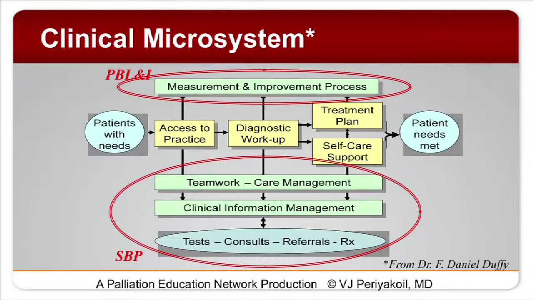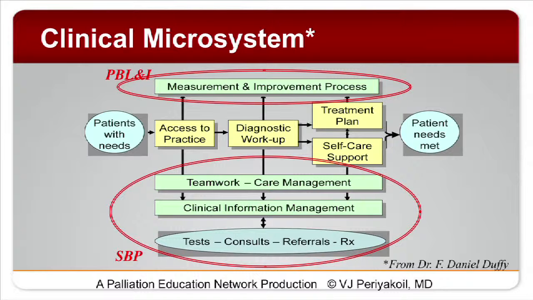First is, again, teamwork and care management. Teams have to work well and be interdependent, as we noted earlier on the success characteristics. You need good clinical information management that helps to integrate all of the patient's care and make sure the care is coordinated and safe. And then finally, we know this care process of seeing patients generates all kinds of tests, consults, referrals, and other therapies that have to be well coordinated.